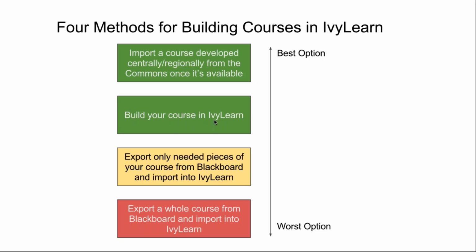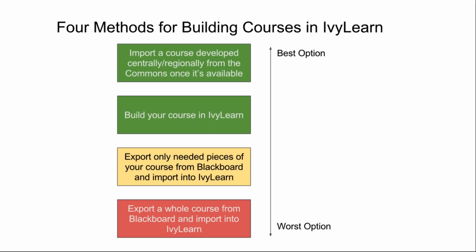So your first option is to build your course manually from scratch in IvyLearn. And really what we're saying there is what you probably consider your worst nightmare: I have to open Blackboard up and open Canvas up or IvyLearn and manually rebuild everything by copying and pasting. That is actually the best way to rebuild the course. It's the cleanest way. It's going to bring over the least number of issues in IvyLearn.